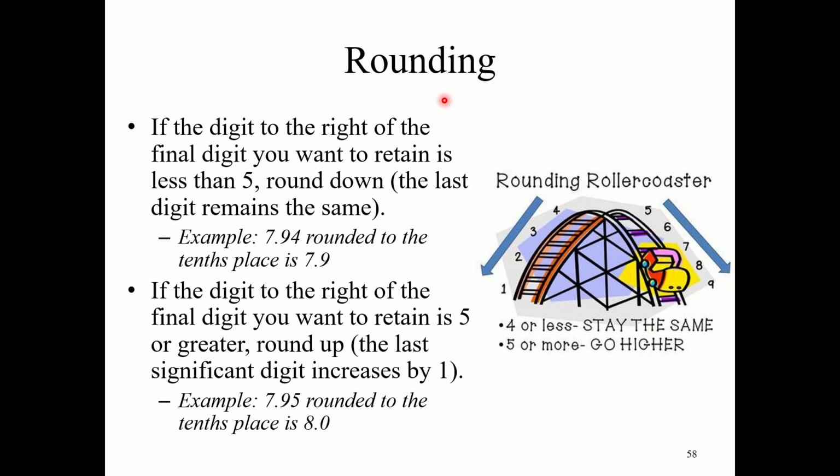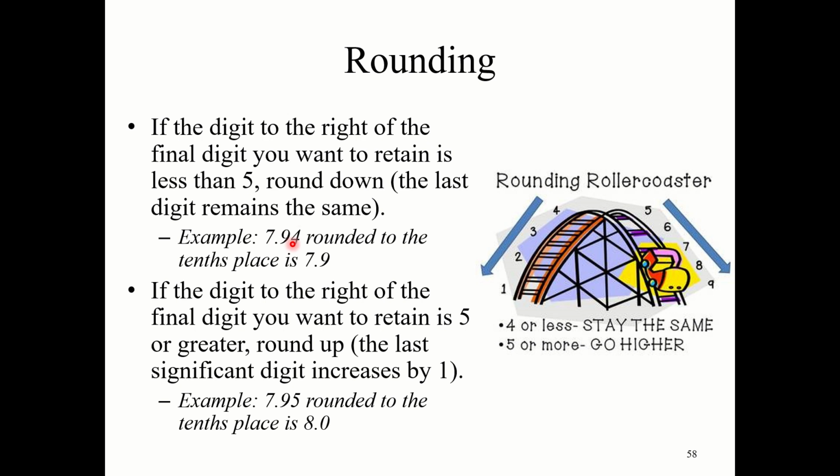Now briefly, let's talk about rounding. So you may, in some of your problems, need to do some rounding to express the answer with the proper number of sig figs. Now the rounding, we're using the same basic idea. If the digit to the right of the final digit you want to retain is less than 5, round down. If that digit is 5 or greater, round up.